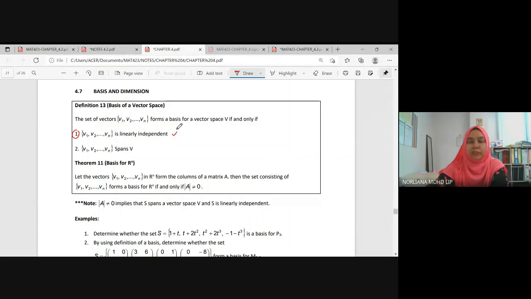You perlu proof yang topik sebelum ni, linearly independent. And then the second condition, V1, V2 until Vn spans V, spanning set. So you perlu proof these two conditions, linearly independent and spanning set. Boleh, untuk ni basis of a vector.